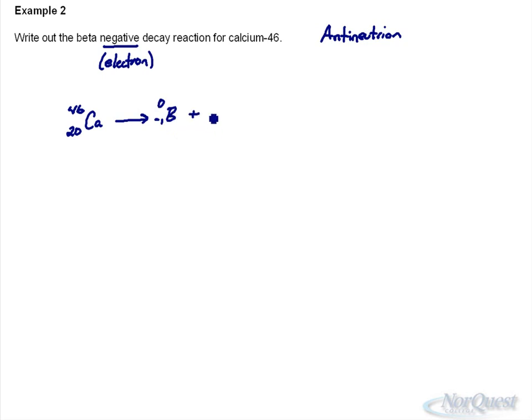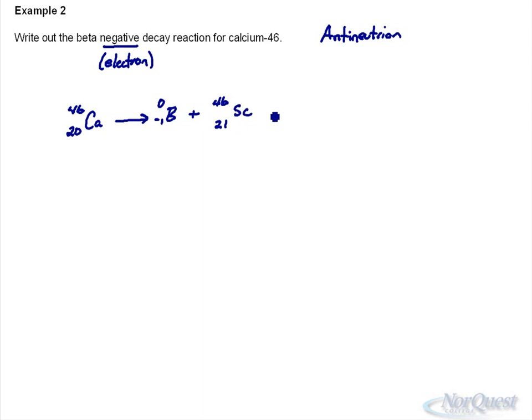And now we balance, well, since we have no change in nucleons, that should leave us with still 46. A -1 now means we have to have 21 protons. Element number 21 on the periodic table is scandium, Sc.